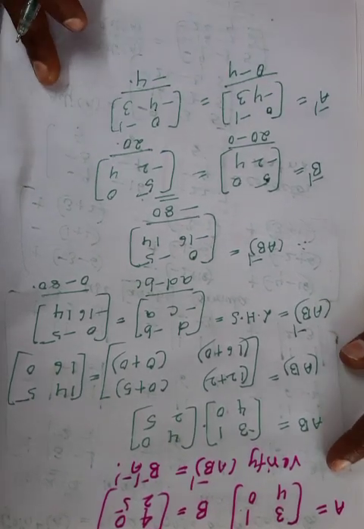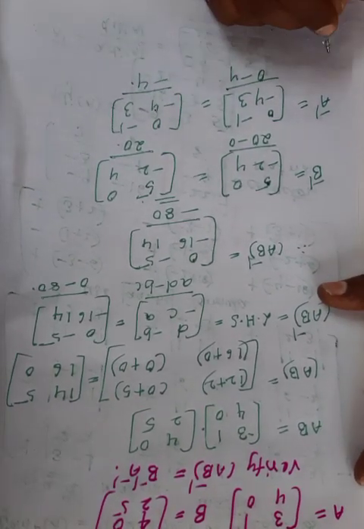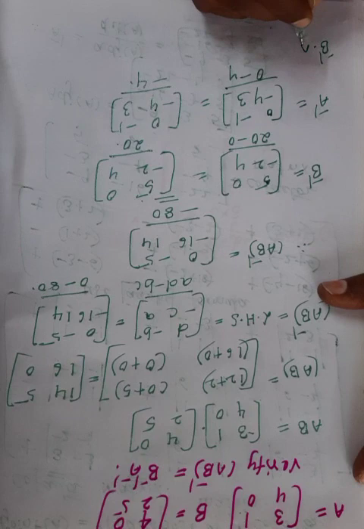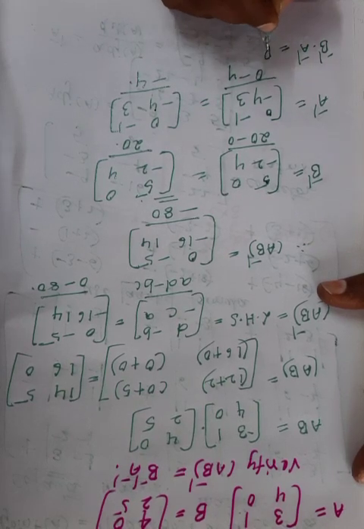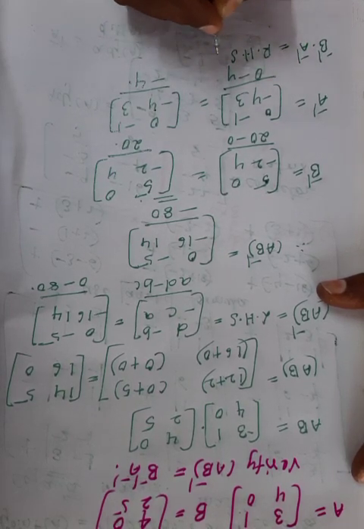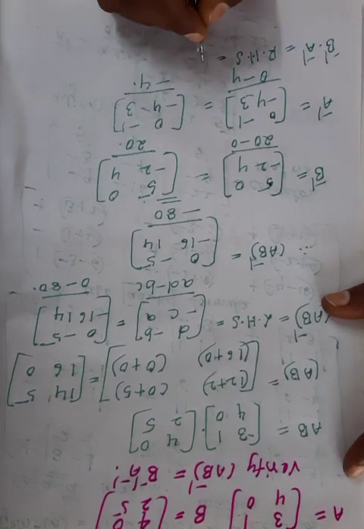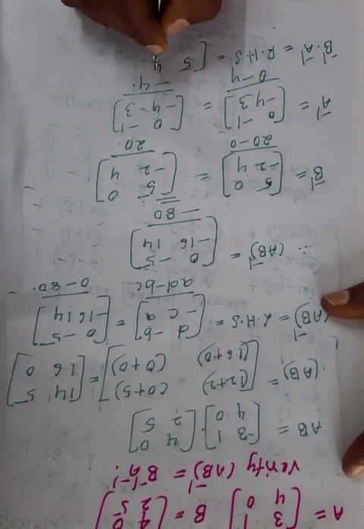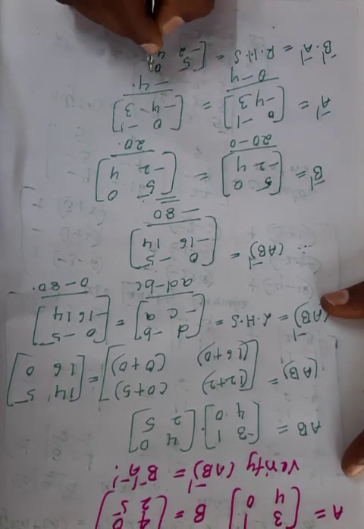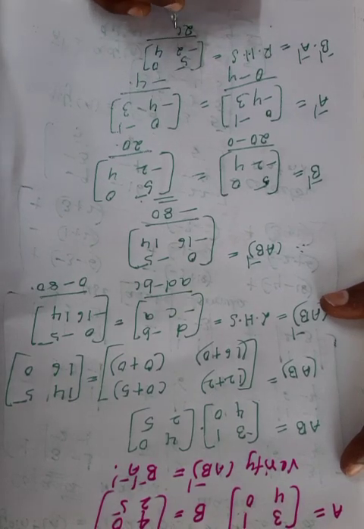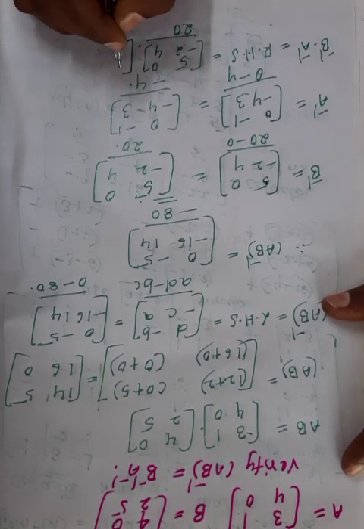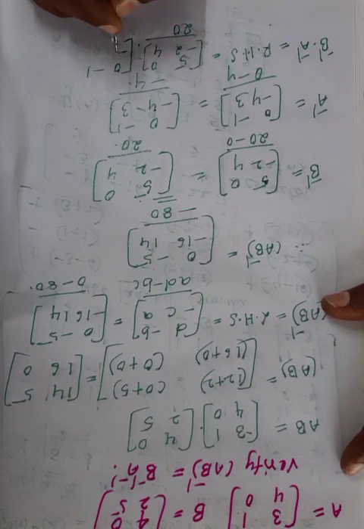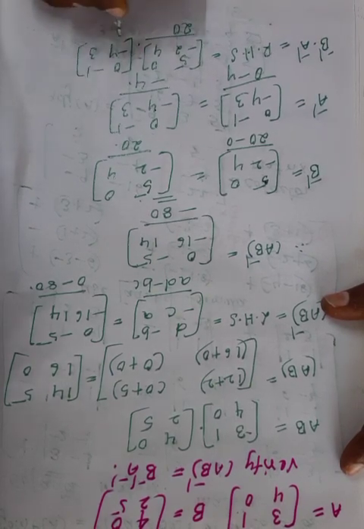Then we have to multiply B inverse into A inverse, which is the RHS, equal to 5, 0, minus 2, 4 by 20 into 0, minus 1, minus 4, 3 by minus 4.